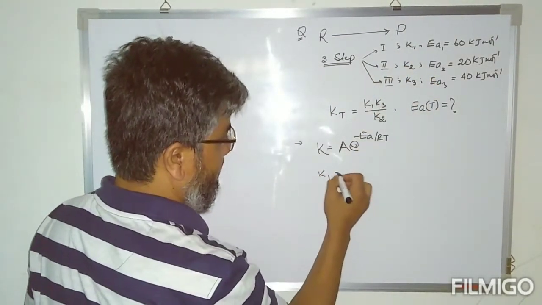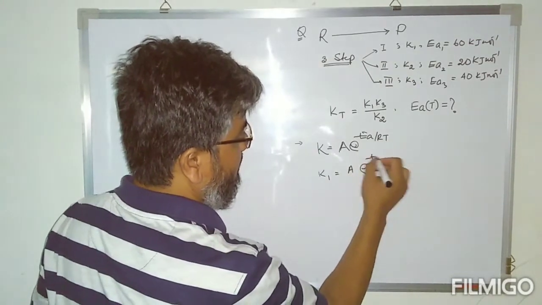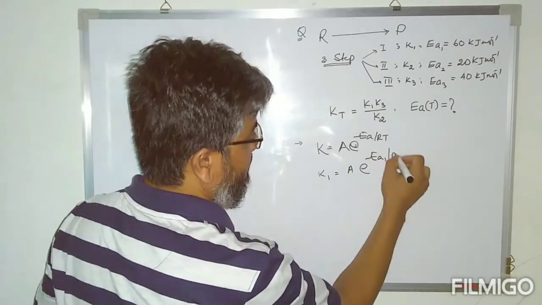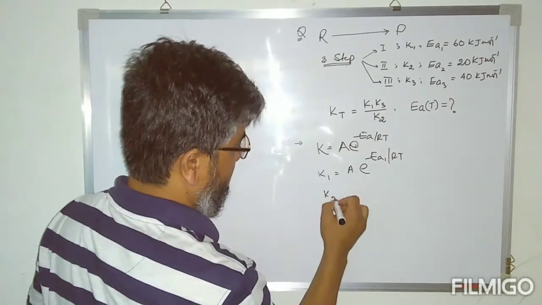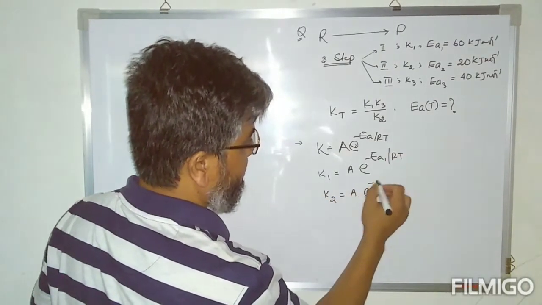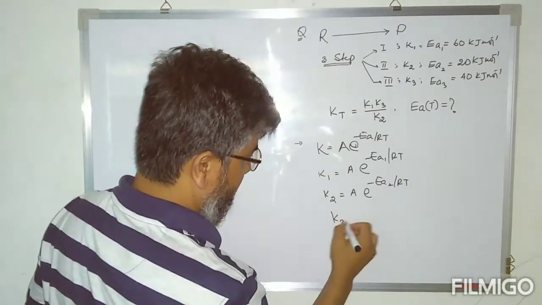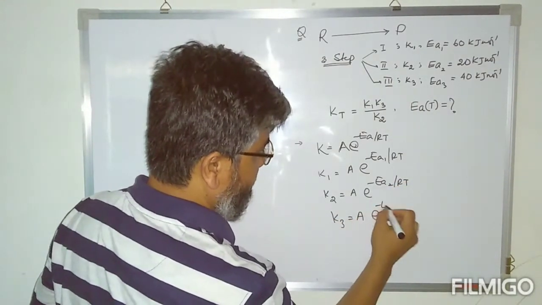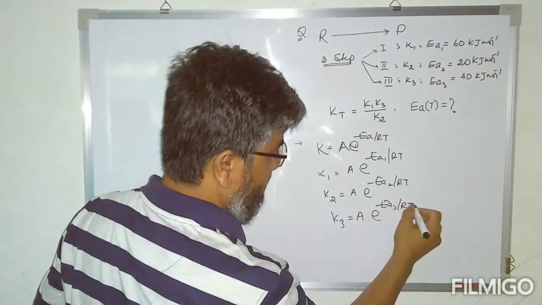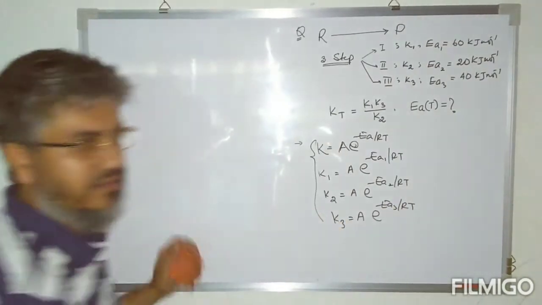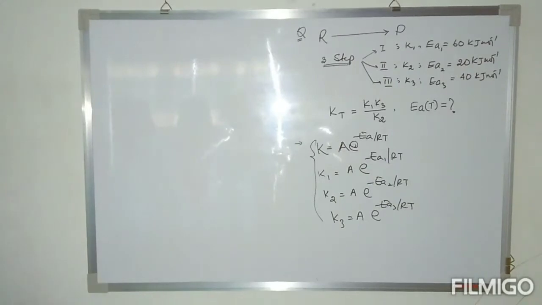Therefore, K1 is equal to A exponential minus EA1 by RT, K2 is equal to A exponential minus EA2 by RT, and K3 is equal to A exponential minus EA3 by RT.